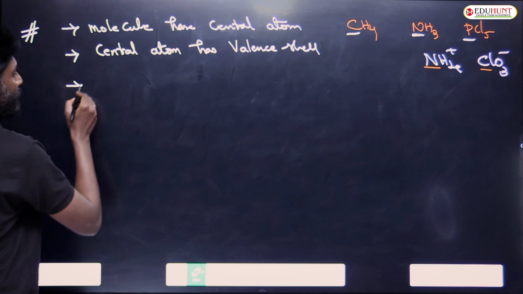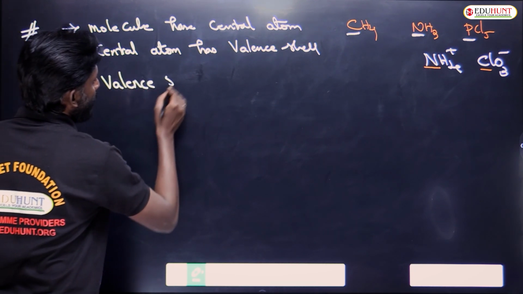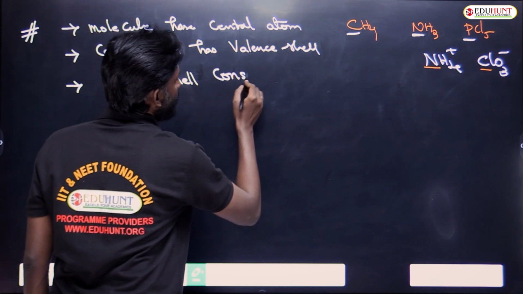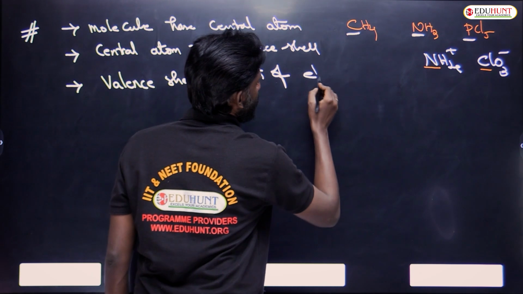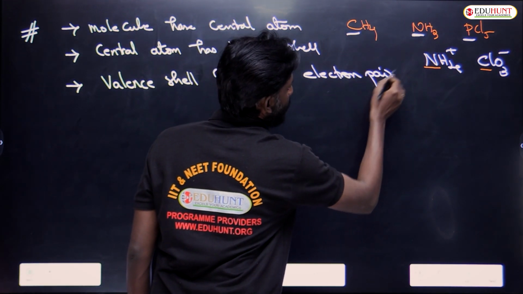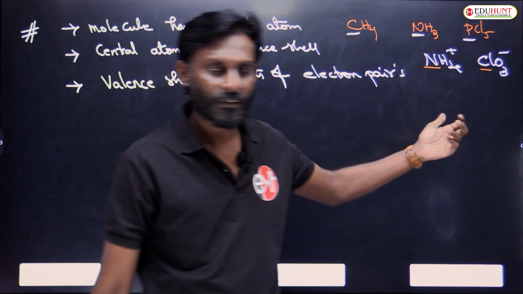Next, the valence shell consists of electron pairs. Yes, the valence shell consists of electron pairs, right? How?